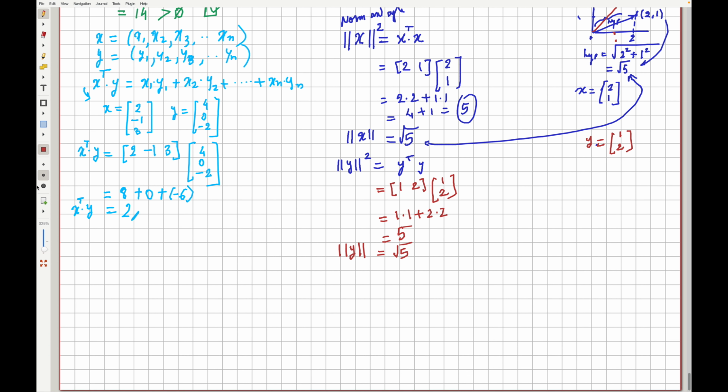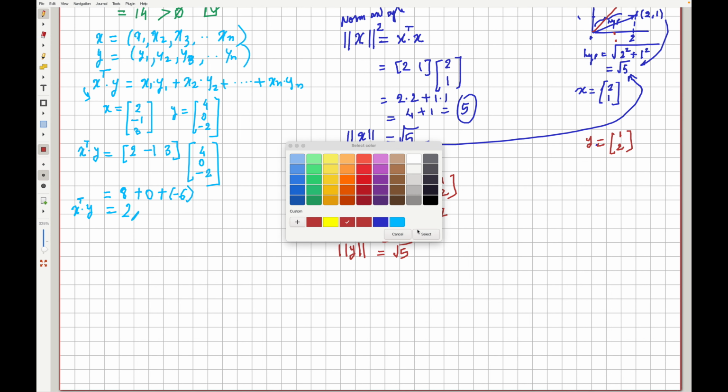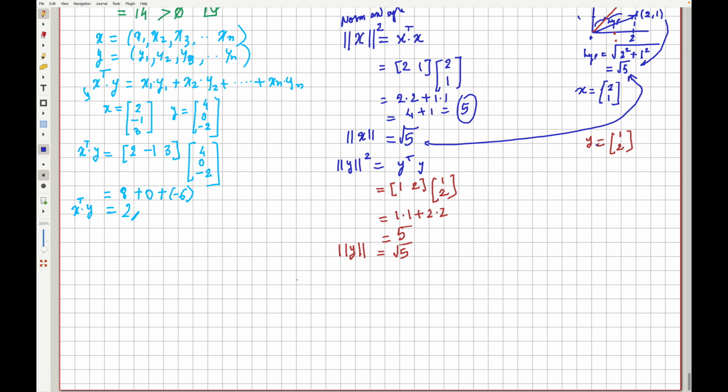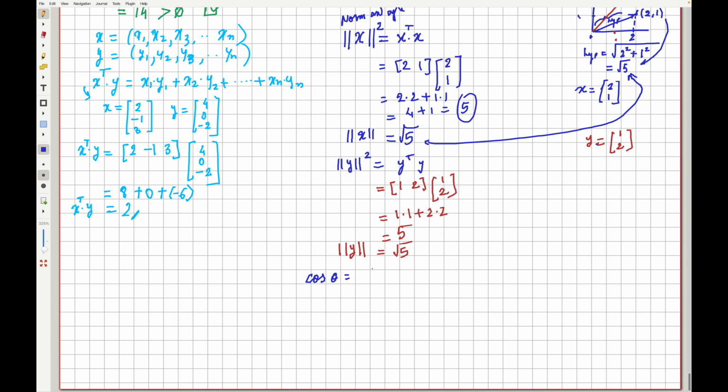The cosine of an angle is an important property that tells us about the direction, and how close or far they are from the weight vector in neural networks. So we can say cos theta is equal to the dot product of x and y divided by the magnitude of vector x multiplied by the magnitude of vector y.